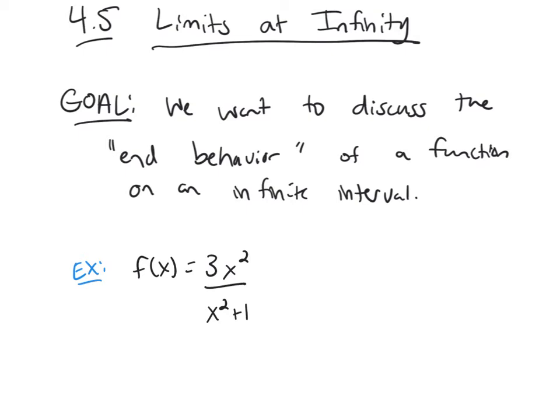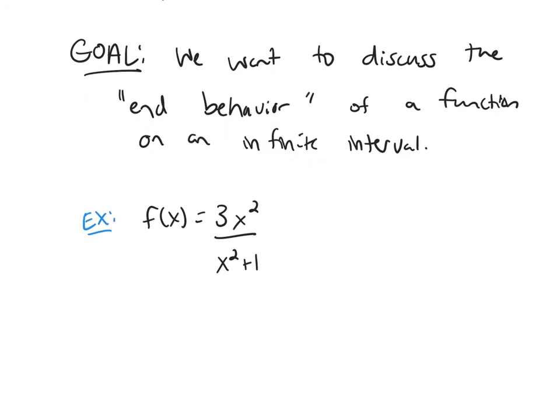So one thing you could do is you could graph this function, have your calculator or program graph this function, and if you graph this, you'll see that the graph looks something like this. And it should look symmetric here.